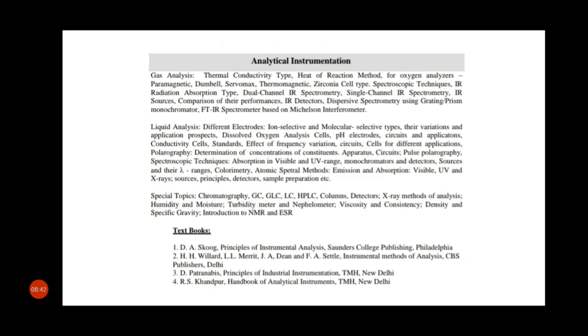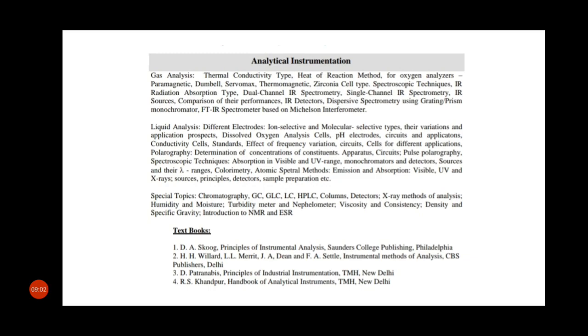Next, we will study viscosity and consistency, density and specific gravity, and at last we will study NMR and ESR. So these all are the topics in your analytical instrumentation subject.